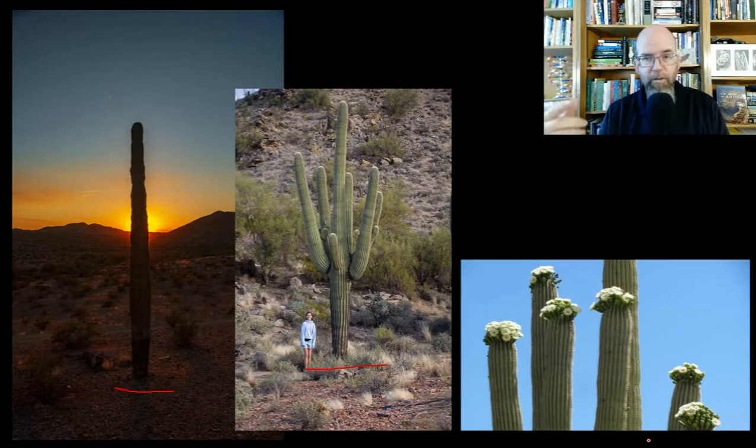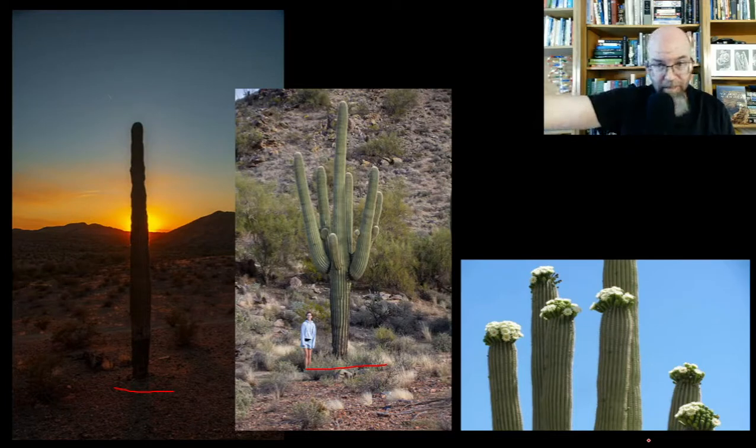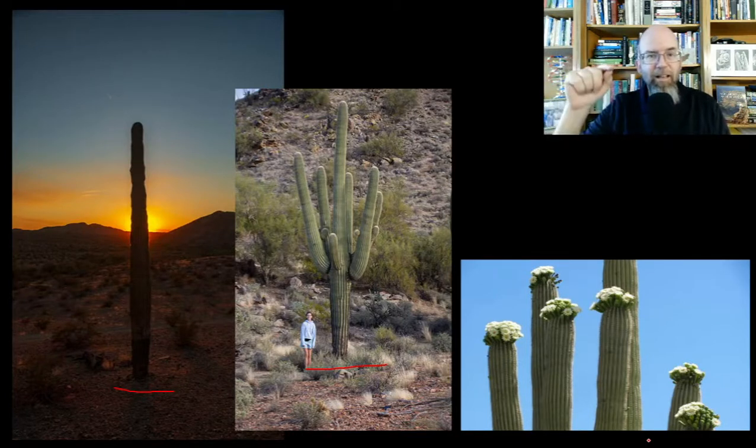And therefore, the flowers from the one that doesn't make arms are going to make seeds, and those seeds potentially will influence the next generation of saguaros. And if there is a genetic component to making arms or not making arms, a propensity for one cactus to grow arms versus another, then guess what the next generation is going to look like? There's going to be more saguaros in the future that have no arms.